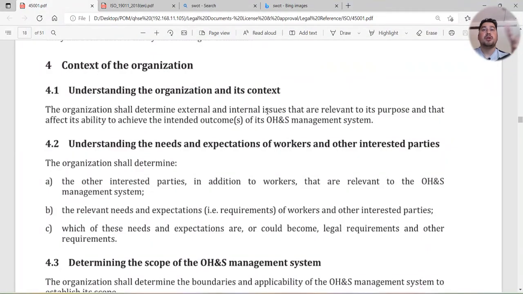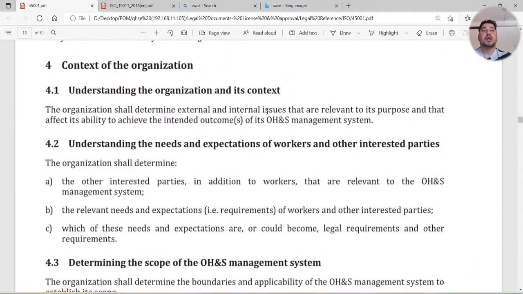I'm giving you one example of an internal issue and one of an external issue. This internal issue will affect your health and safety management system in your organization. So now you have identified the issues, and you have to identify one by one how they are going to affect your business. Now the example of external issues. One external issue is ISO 45001.